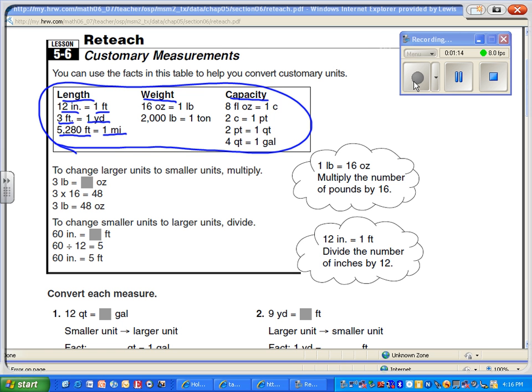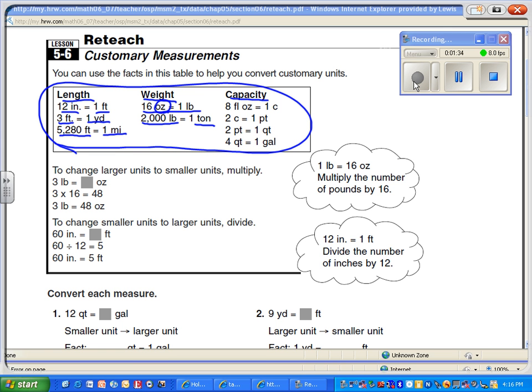Now let's look at the weight. The more common weight conversions are 16 ounces in a pound and 2,000 pounds in 1 ton. Now don't forget, we've got ounces right here in weight. That's when a baby's born and you hear the pounds and the ounces. That's what we're talking about here.